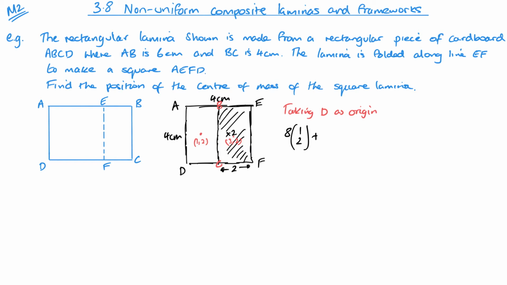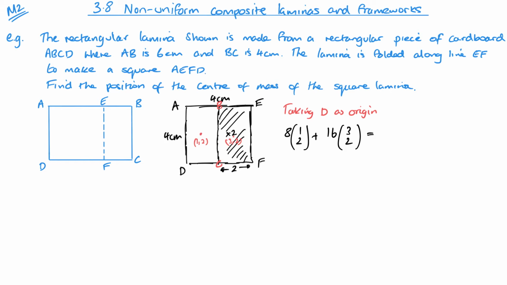Looking at my second rectangle, which is BCFE here, it has also an area of 8, however it's double the thickness, so double the density. So instead of an area of 8, we think of it as an area of 16, and it has center 3, 2.